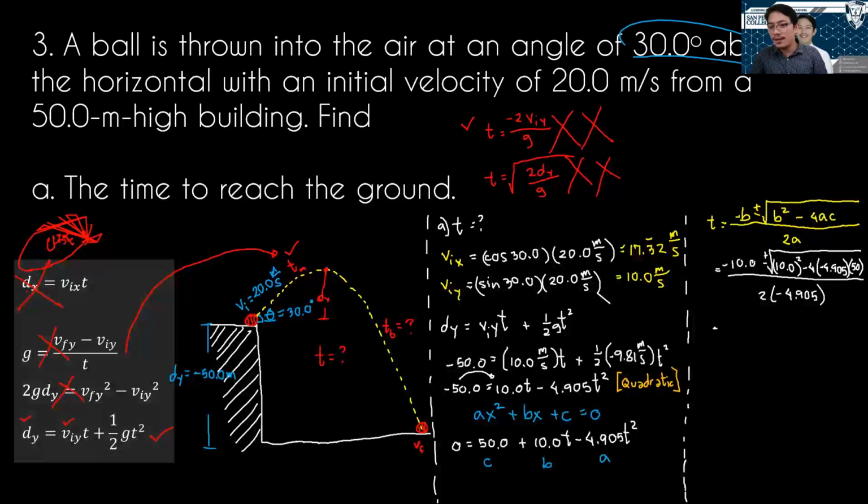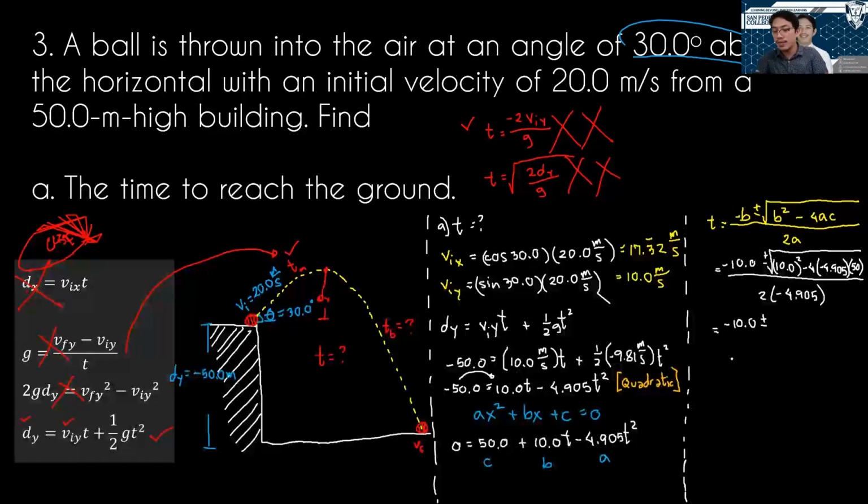Good? Okay, so this is negative 10.0 plus minus. What's the value of this one inside the radical sign? That's 10 squared minus 4 times negative 4.905 times 50. Take the square root.